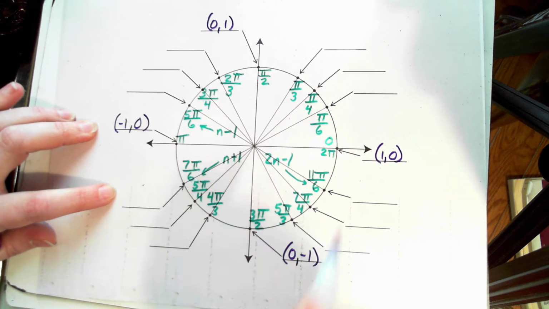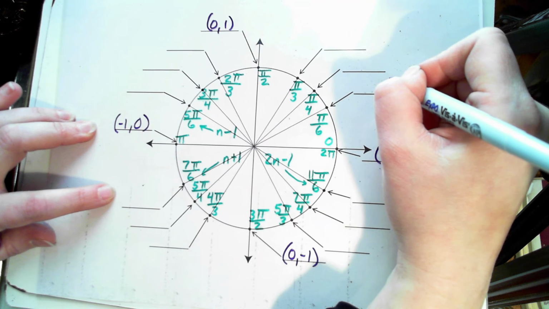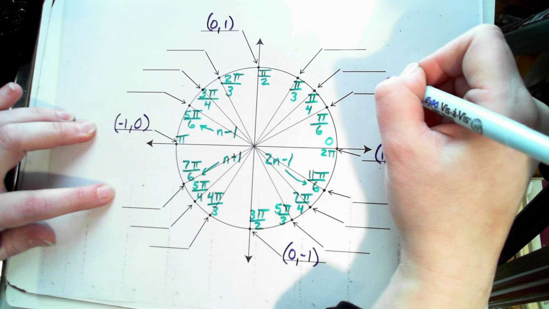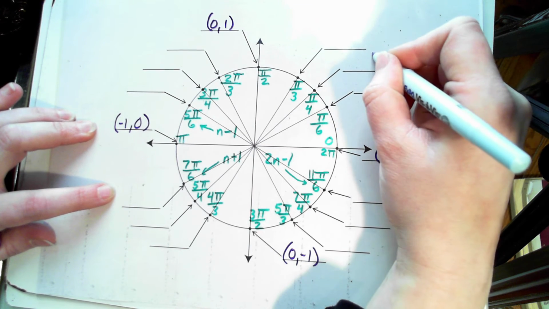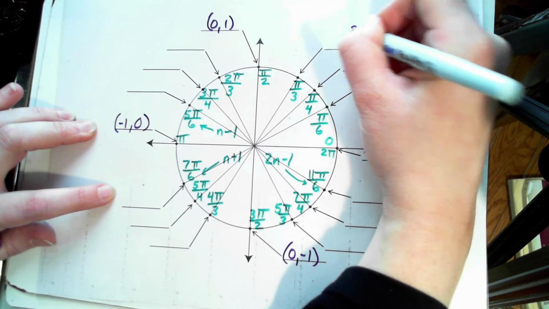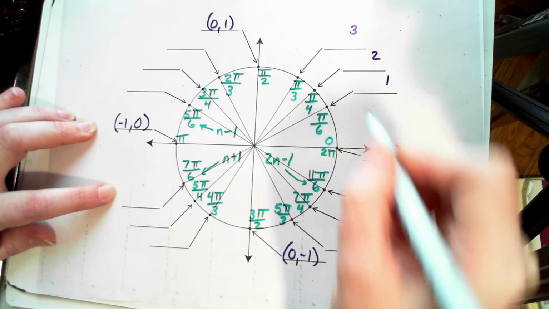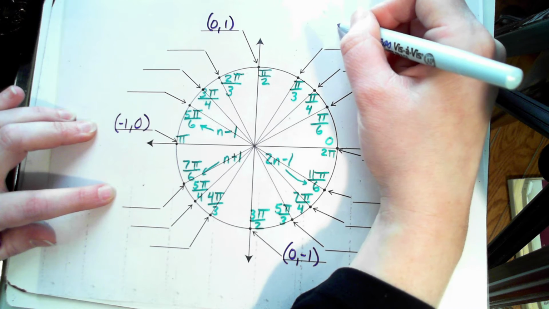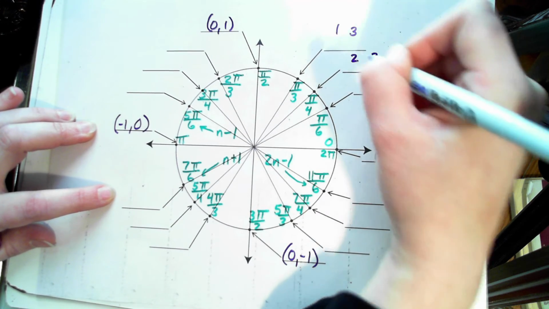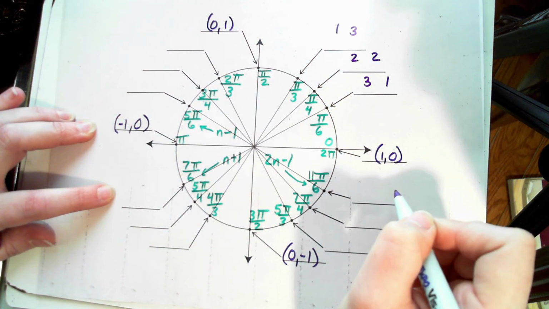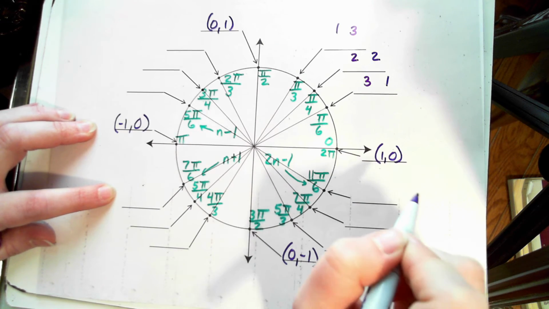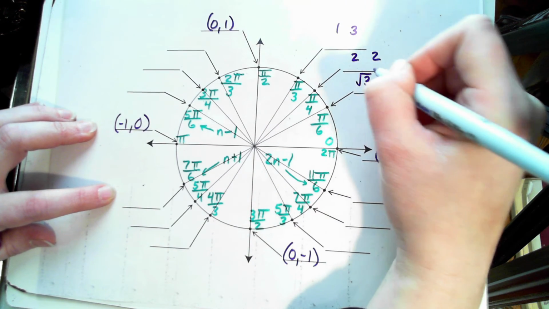Next, we need to get the points. So start here on the outside of your first point and just count to 3. 1, 2, 3. Then go to the inside and count 1, 2, 3. Do the square roots of all of these numbers. So this is the square root of 3.